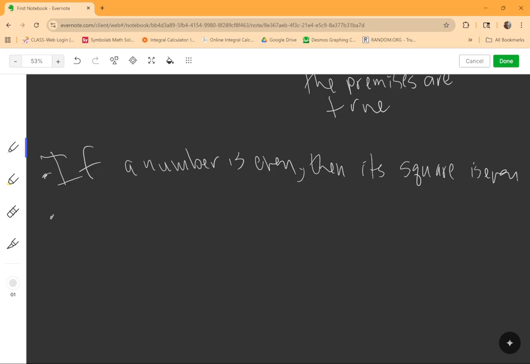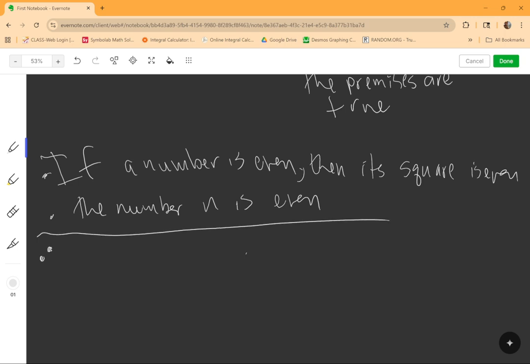Proof of these statements will be a later part of the course, but this is a true statement. And then the number n is even. Therefore — these three little dots are a math symbol for "therefore," so when you see that, we say therefore — the square of n is even.